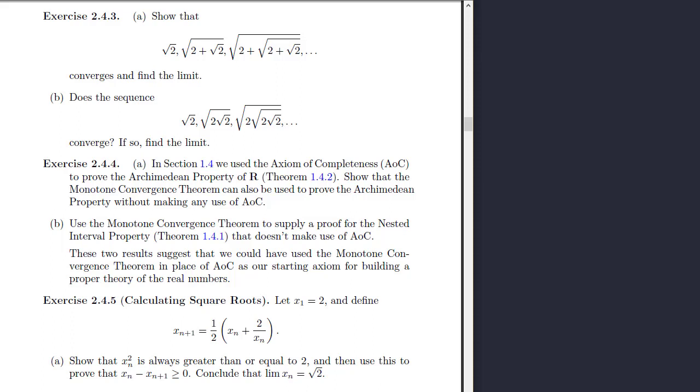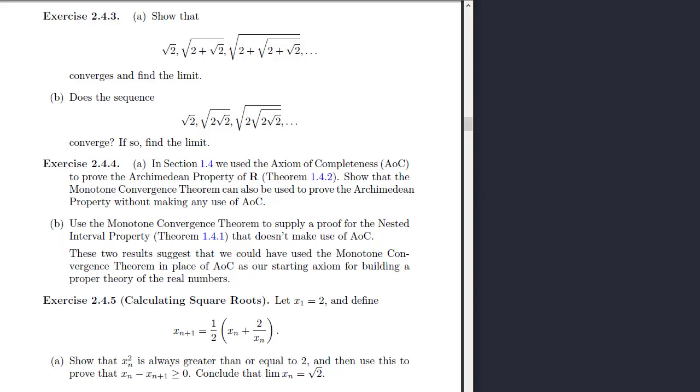If we started, and instead of talking about sets and supremums, we instead started our discussion of real analysis on sequences, we could have instead used the monotone convergence theorem as our starting axiom and called it maybe the monotone convergence axiom, and then built up our real analysis from there, and then use sequences to help us define supremums of sets, and it wouldn't necessarily be the axiom of completeness anymore.